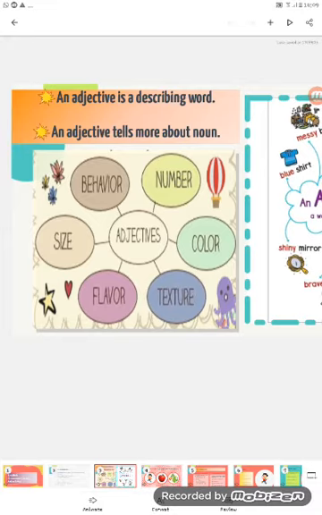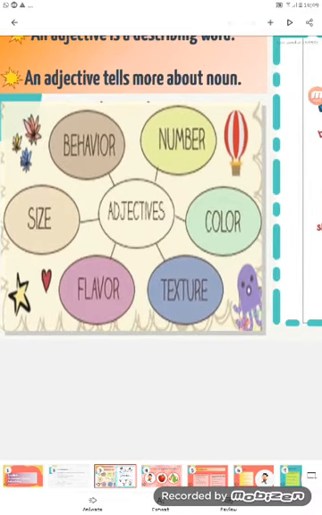When we describe the behavior of a noun, the size, the flavor, the texture, the color, or the numbers of a noun, for describing the noun, the words we use are called adjectives.